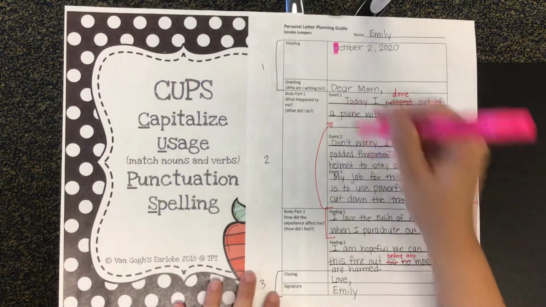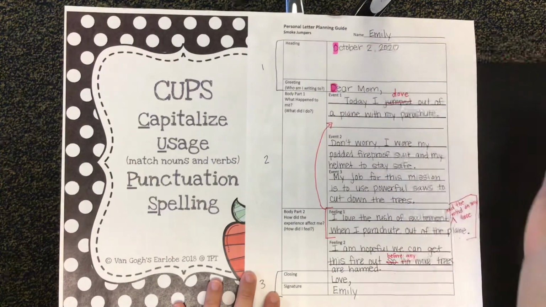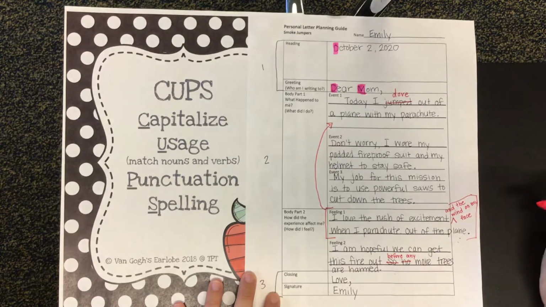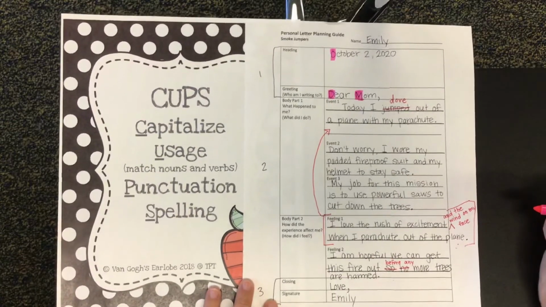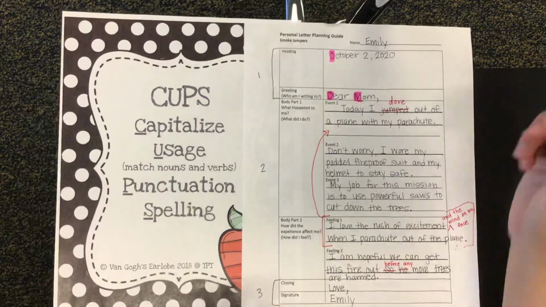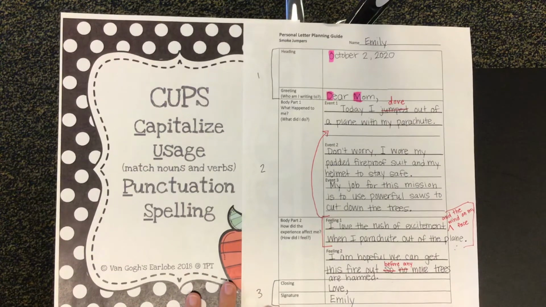And then dear, the very first letter of our greeting, and mom, or the name of whoever it is that you are writing to, whatever you have called them. Remember, proper nouns. Think about the mints. We've got months, the letter I by itself, names of places and titles. We've got to have all of those things, and then start of sentences as well. We've got to have all of those things capitalized.